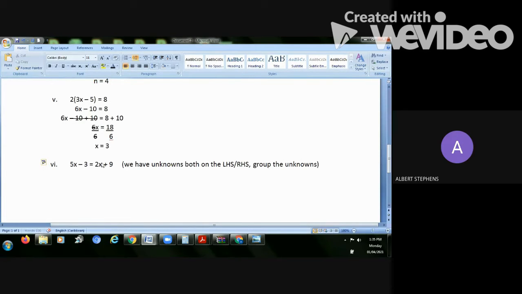In other words, we need to put all the unknowns on one side. So we need to group the unknowns and the knowns. What are the knowns? Like the -3 and the what? +9. All right, guys. So those are the knowns.